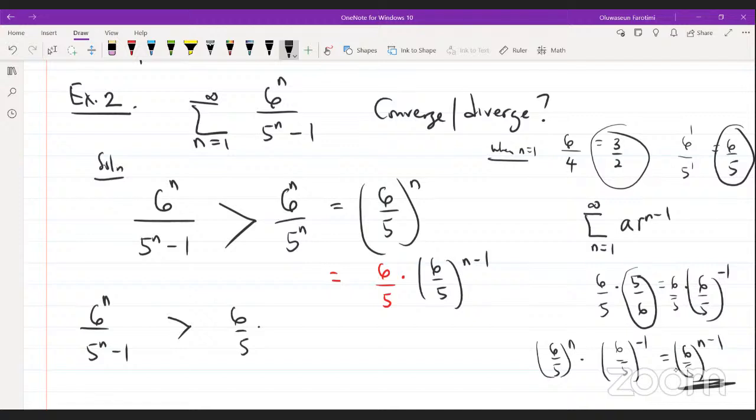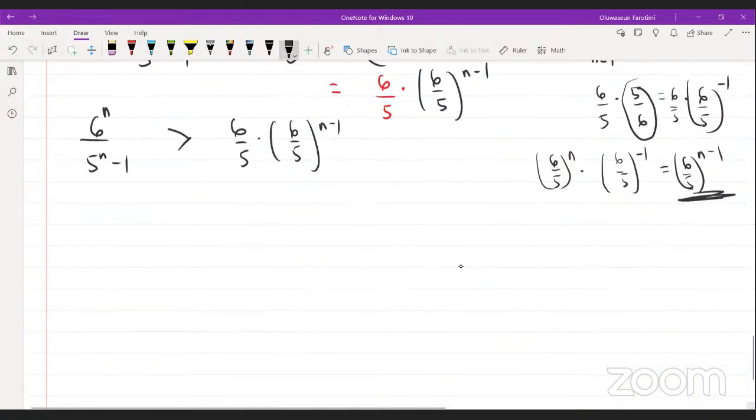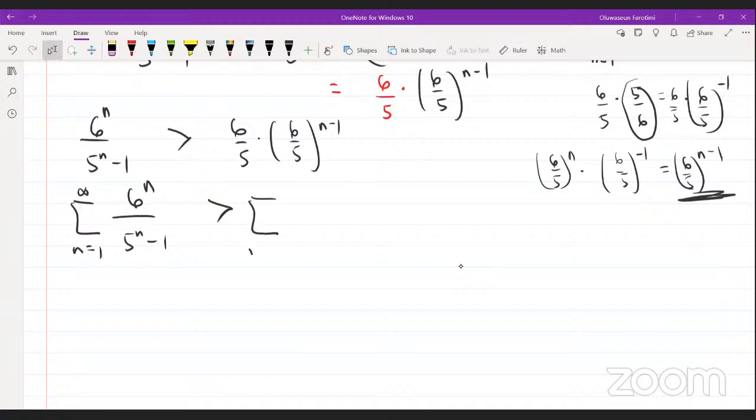Nice. So intuitively, this is what we have, basically. Got something like this. So now I got to introduce my sigma notation. The sigma notation is not going to distort the inequality. Nice.